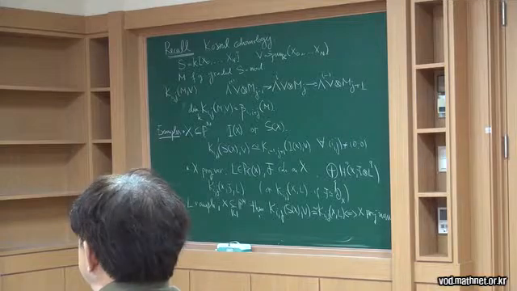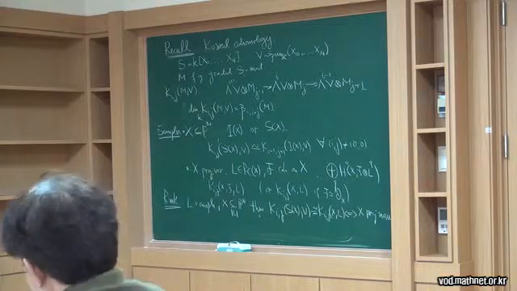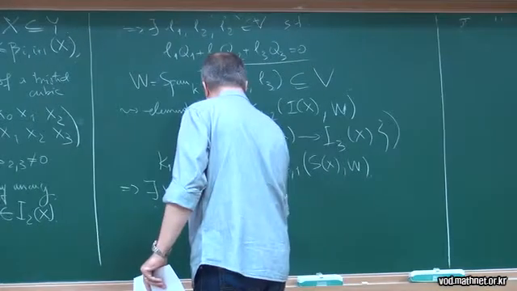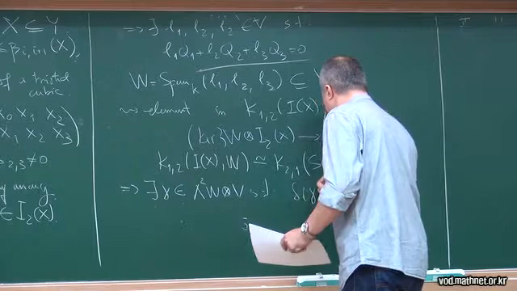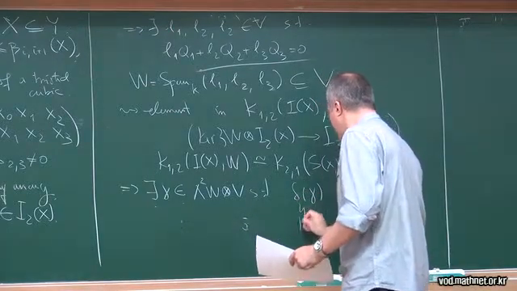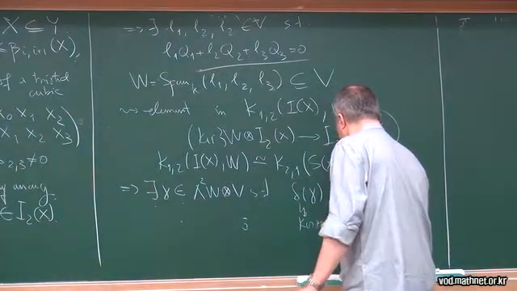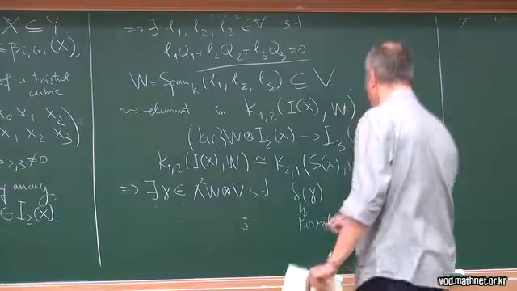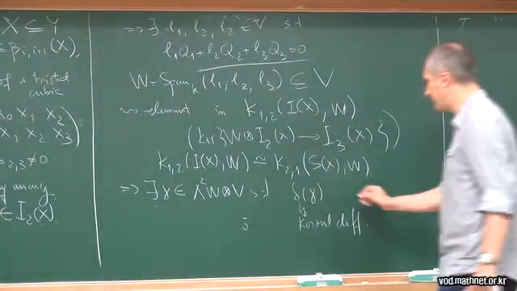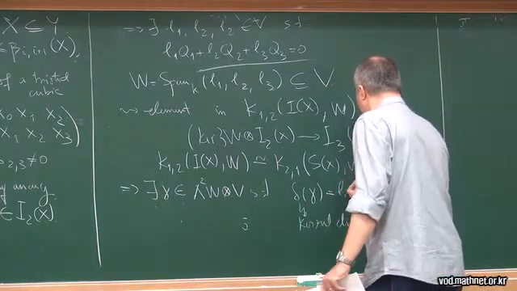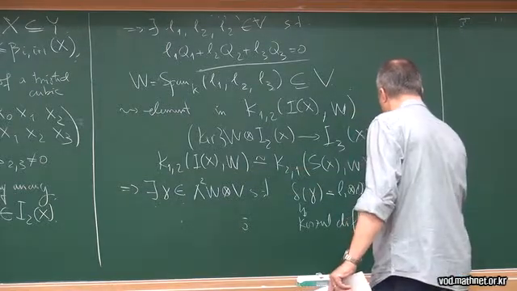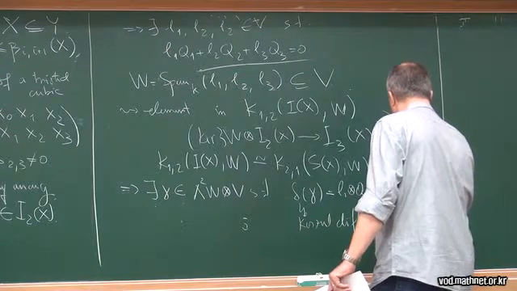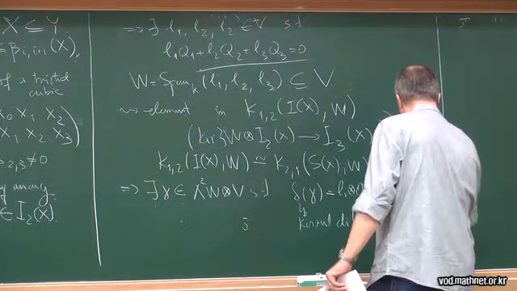So then there is a gamma in wedge 2 W tensor V such that delta of gamma, the Koszul differential, is precisely L1 tensor Q1 plus L2 tensor Q2 plus L3 tensor Q3.